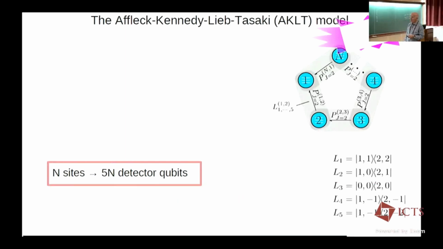So this operator will take a component from the sector total spin equals 2, SZ equals 1, and move it to total spin equals 1, SZ equals 0.